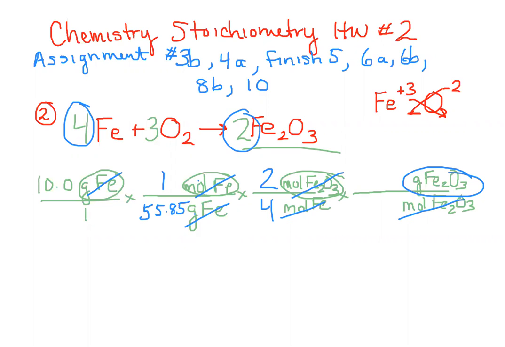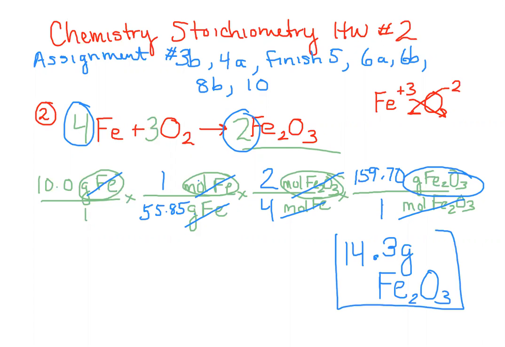Here again, grams are always from the periodic table. There's always a 1 by the mole. So you're going to look this up on the periodic table and add 2 irons and 3 oxygens together, and you should get 159.70. Now you're going to do this problem on your calculator, and your answer is 14.3 grams of iron 3 oxide. And that is your answer.